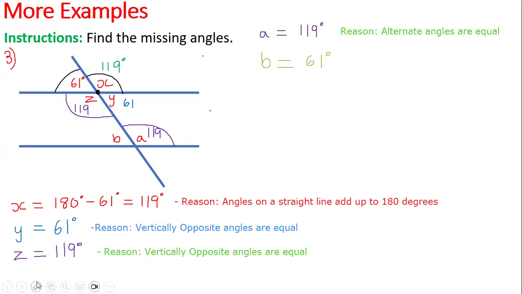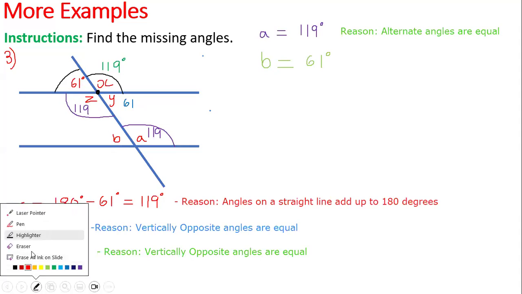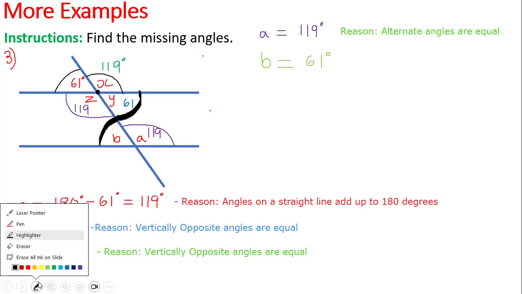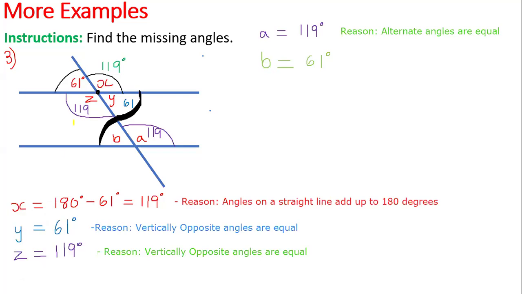So let me show you. Let's say we have 61, and then we have B, right? As you can see, we can clearly see the Z shape being formed. Do y'all see the Z shape?